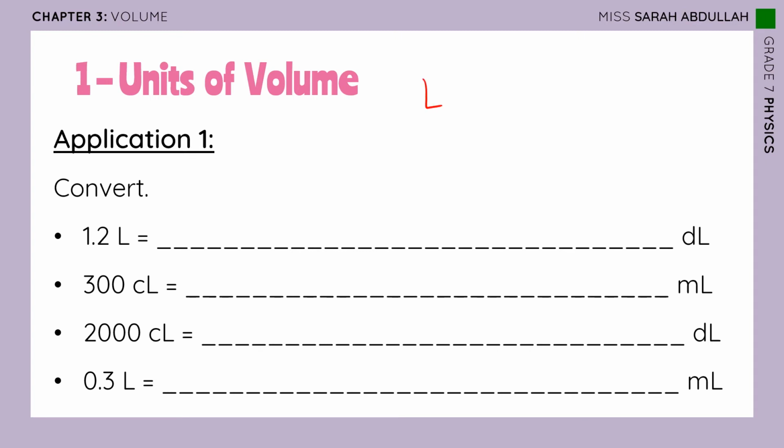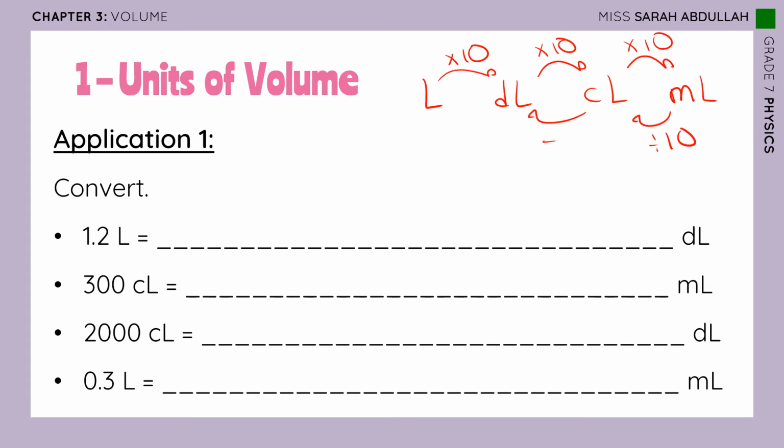So I have liter, deciliter, centiliter, and milliliter, just like that. I multiply by 10, I multiply by 10, and I multiply by 10. It's really good that you actually draw these, so that when you write them down, you will remember them. So we have to write them down.